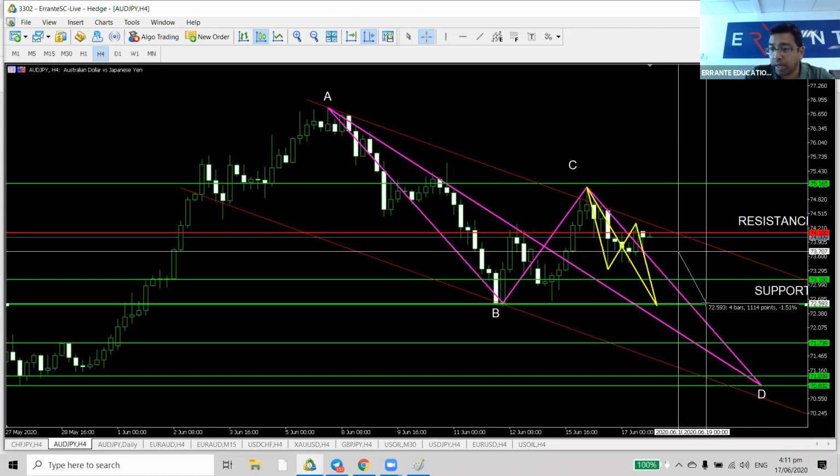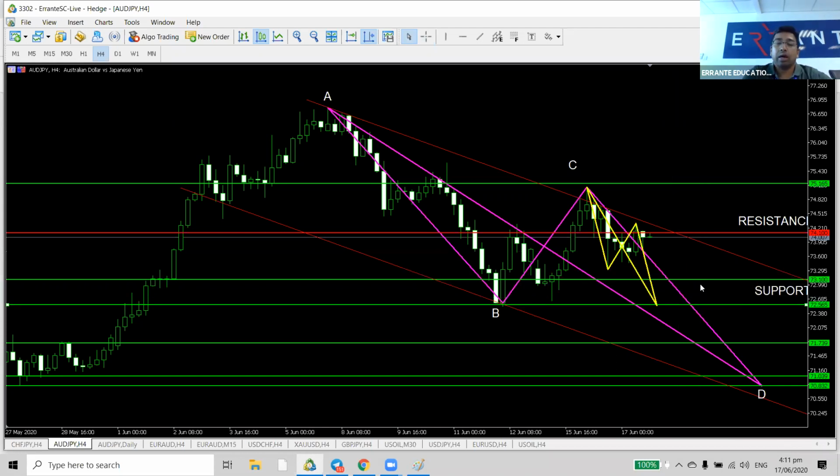So it's about 111, 112 pips as well, if you were to enter there, because the yellow pattern with its centroid is really very close to the big purple centroid anyway. So that's why it's good.